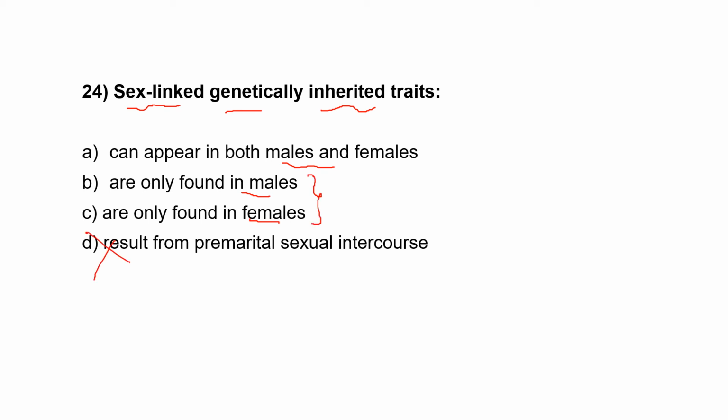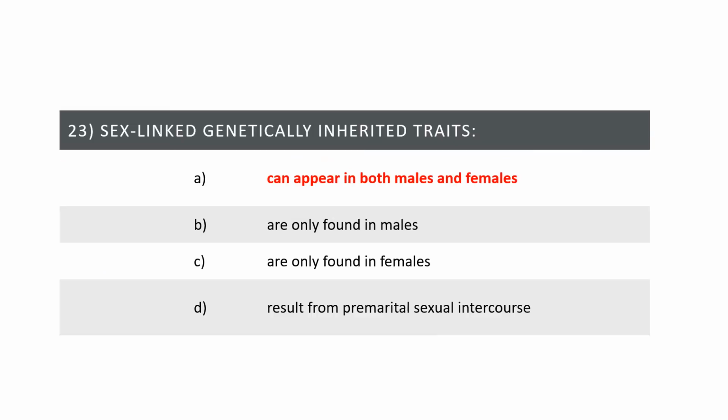Remember that in humans we have X and Y chromosomes. Females are XX, and males in humans are XY. You can definitely have diseases that are linked to the Y chromosome, or diseases that are linked to the X chromosome. So the answer is A. It can appear in both males and females.